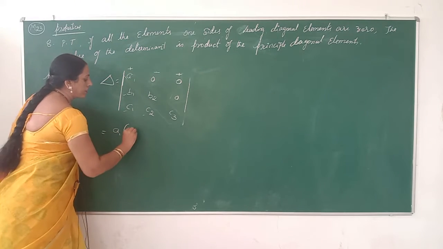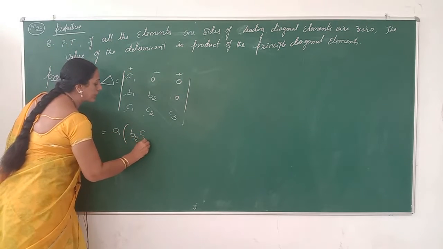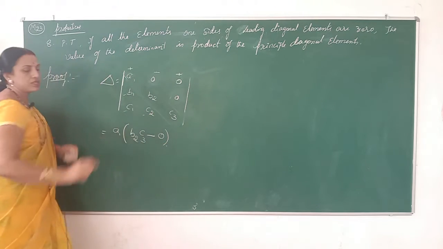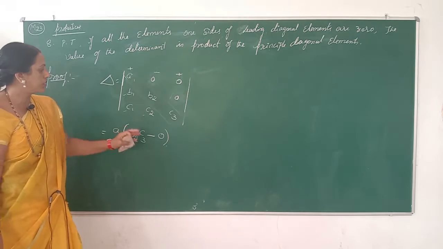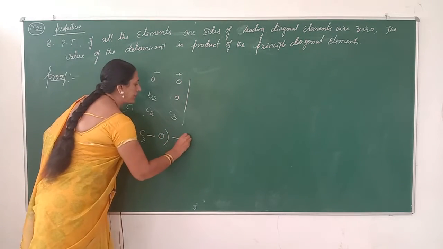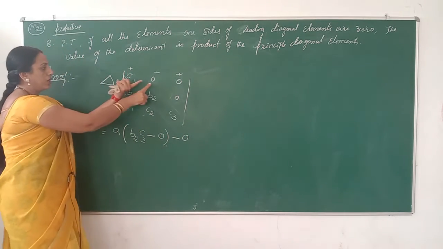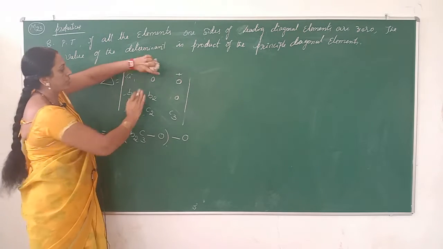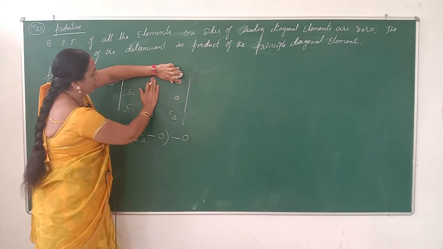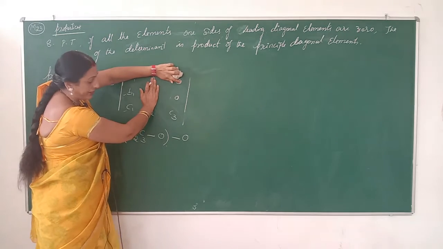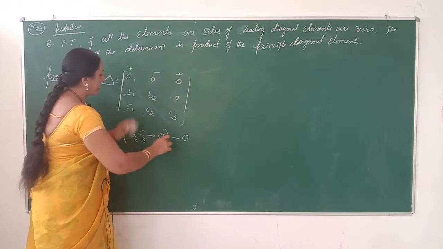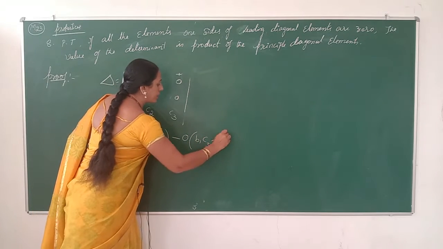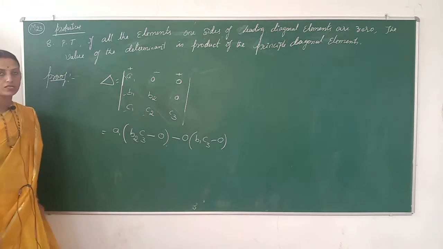So the left diagonal is b2 c3 minus c2 into 0, and c2 into 0 is nothing but 0. Now the second element is 0, minus 0. 0 is an element of first row second column and these elements are neglected and the remaining are cross multiplied. b1 c3 minus c1 into 0 is also 0.